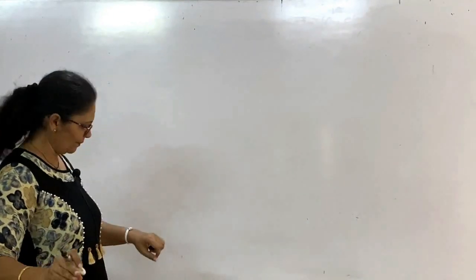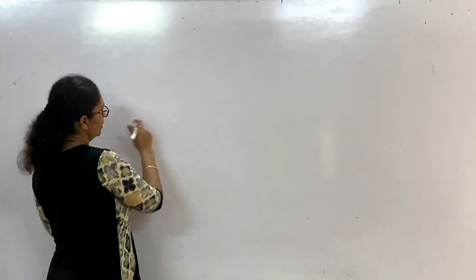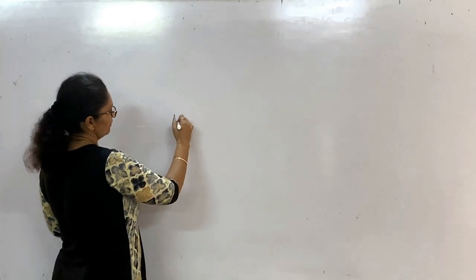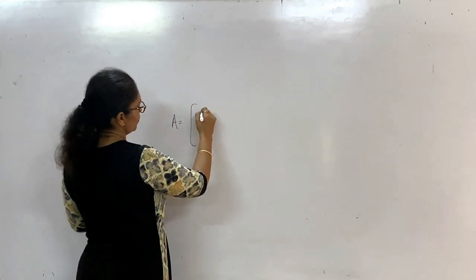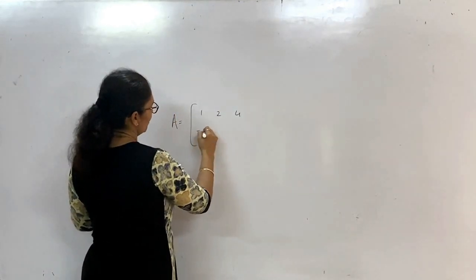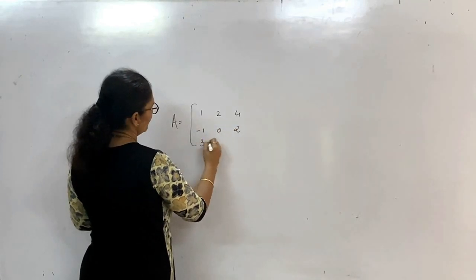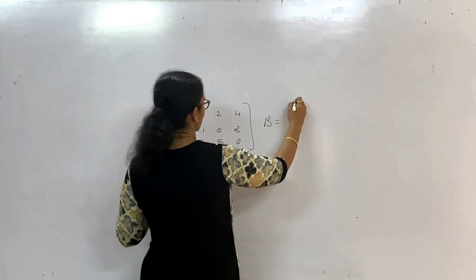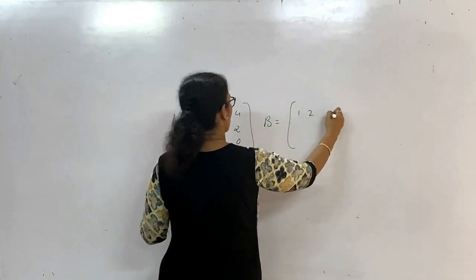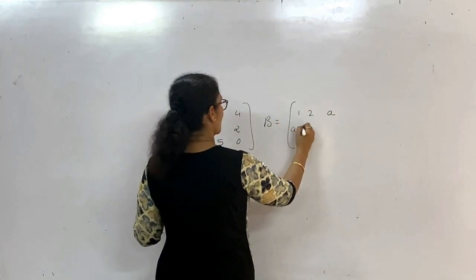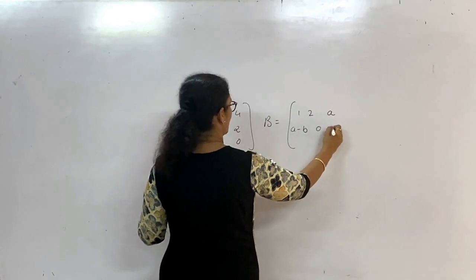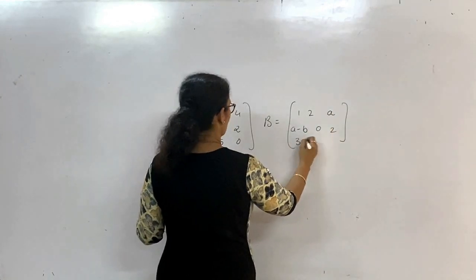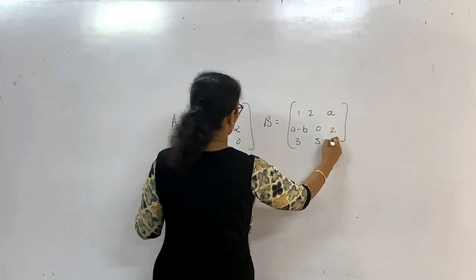Now one more example for writing a matrix. Let's take one matrix: 1, 2, 4, minus 1, 0, 2 and 3, 5, 0. Now the second matrix I write: 1, 2, A, minus B, 0, 2, 3, 5, 0.